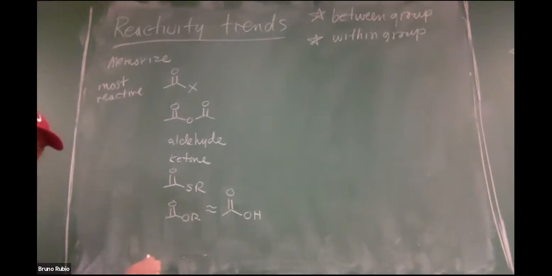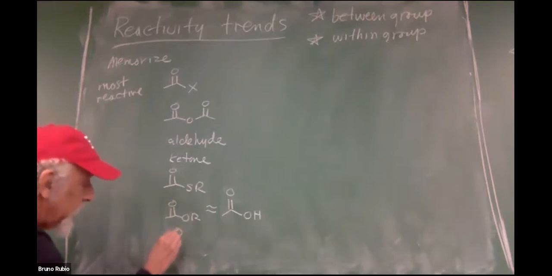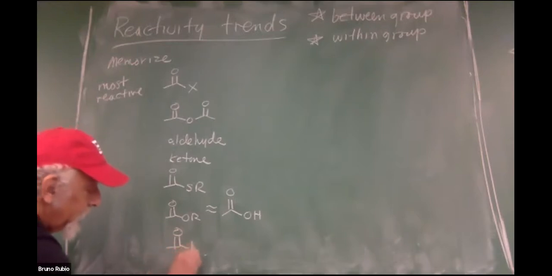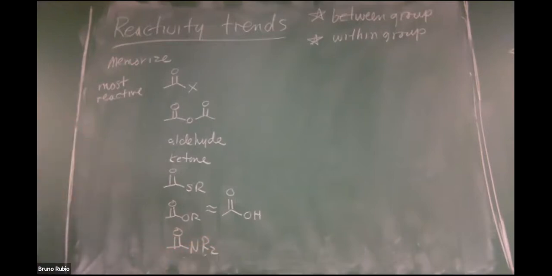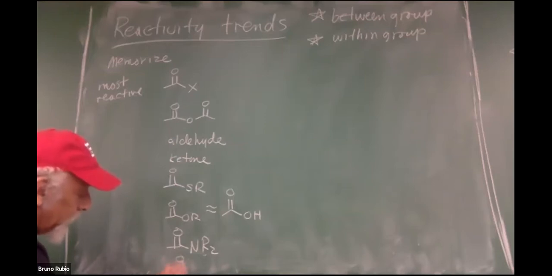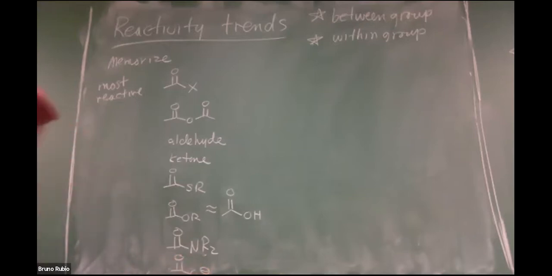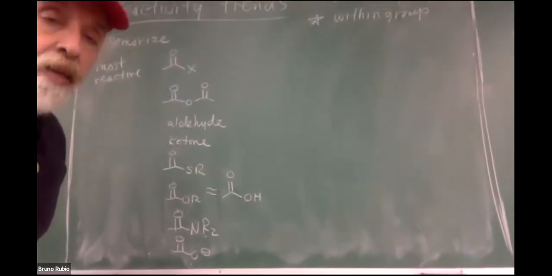Now we're getting down to the bottom of the heap. The amide is less reactive than the ester. And then way down here, you have the carboxylates. I ran out of room, so let me adjust my zoom so that you can see that.